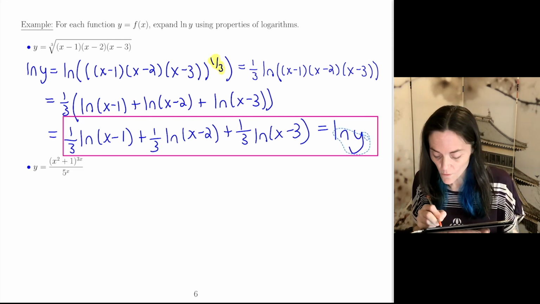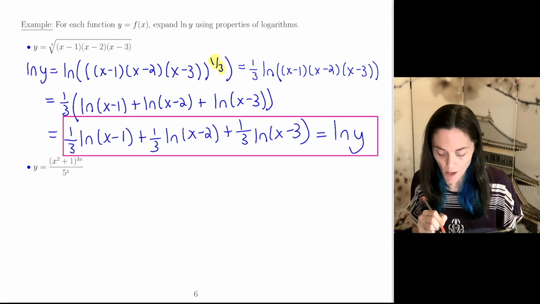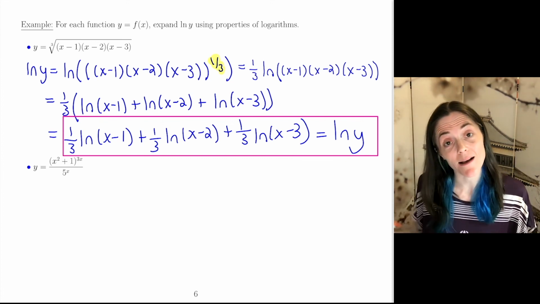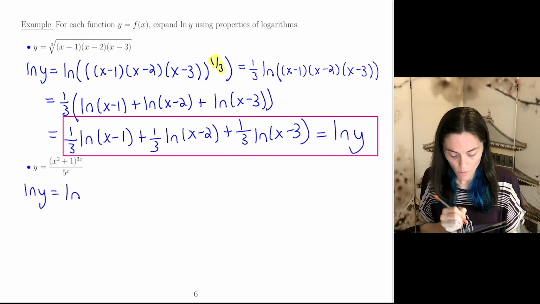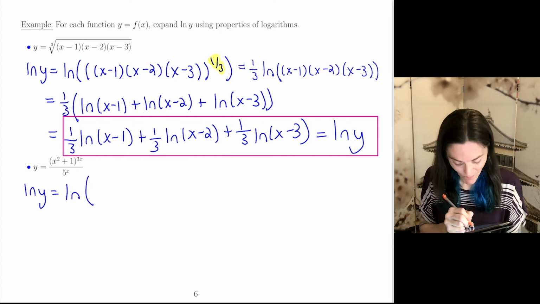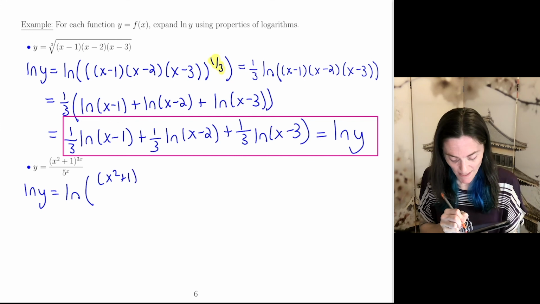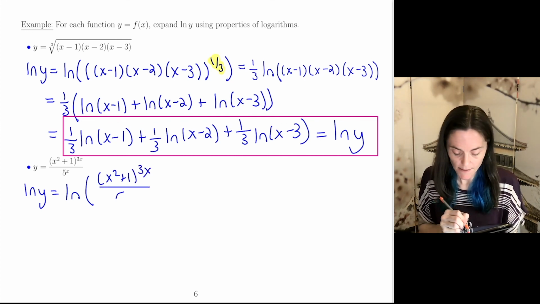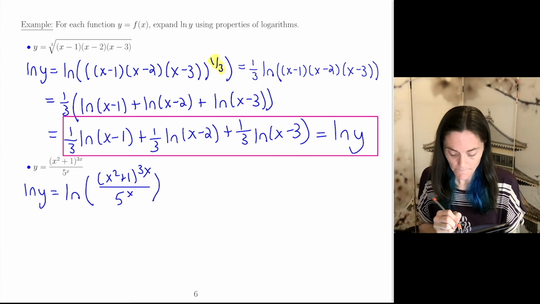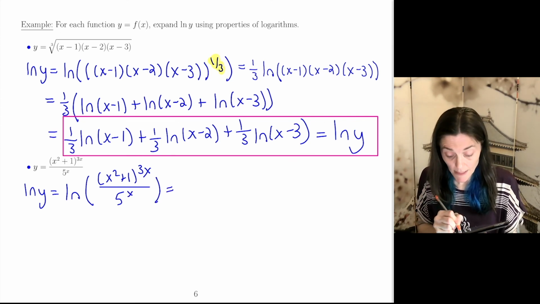Now we have one more where we will do the exact same thing. We are expanding as much as possible using properties of logarithms. And we have ln y equals ln of this whole thing, which is x squared plus 1 raised to the 3x divided by 5 to the x. Now, we're going to have to proceed in steps here.